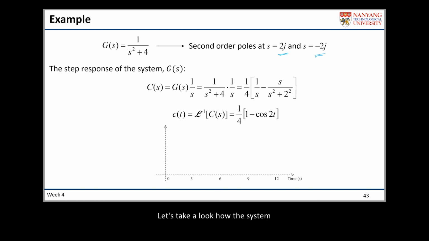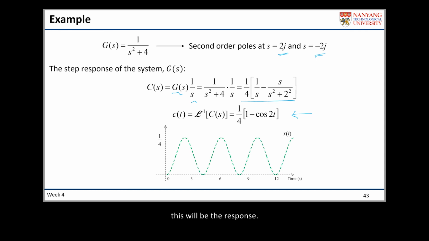Let's see how the system will respond to a unit step input. I multiply the transfer function with the input 1/s, do partial fraction expansion, and then inverse Laplace it to the time domain. If I plot the response in time domain, this will be the response.